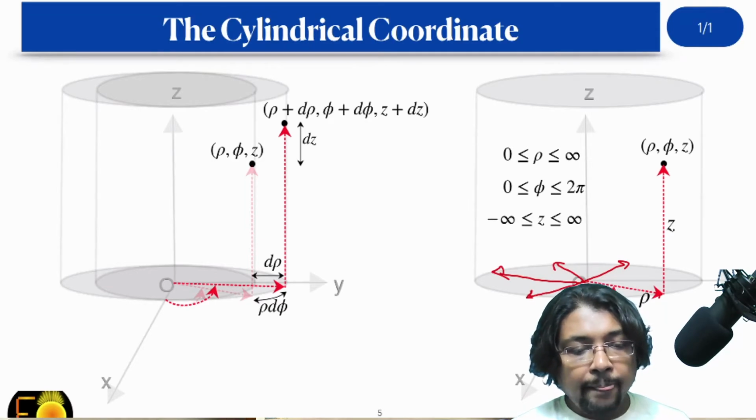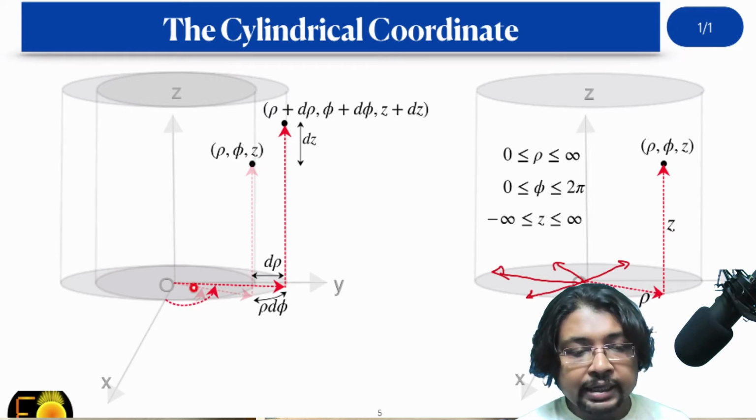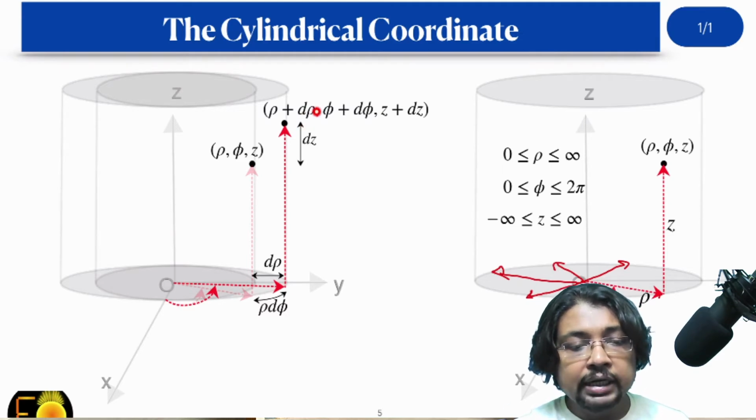As you can see, when you go from the first point to the second point, along the radial direction you just need to move d rho. So the elementary length along the radial direction is d rho.